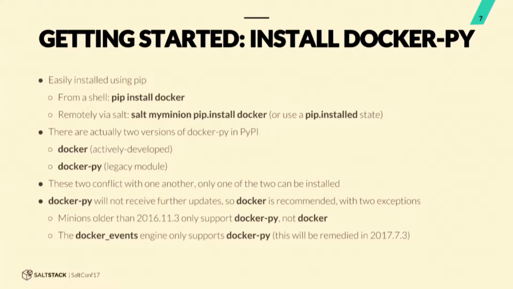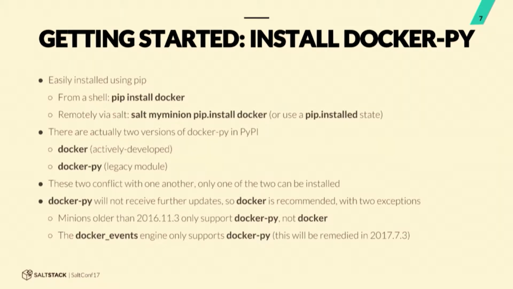If you're using 2016.11.3 or older, Salt itself does not support referencing the new version of Docker Pi, Docker Pi 2.0, because of some of the naming of the classes that are used for instantiating a client instance.